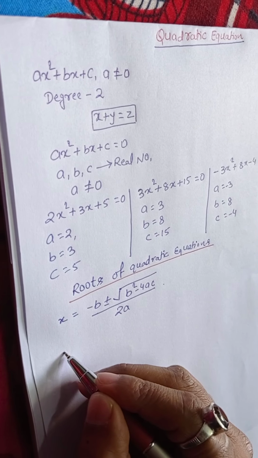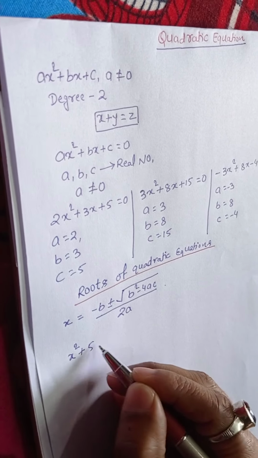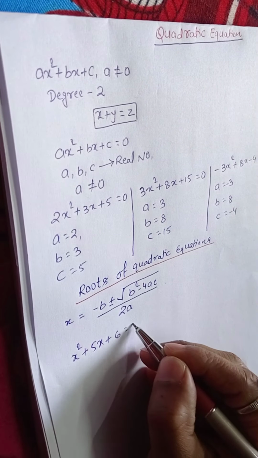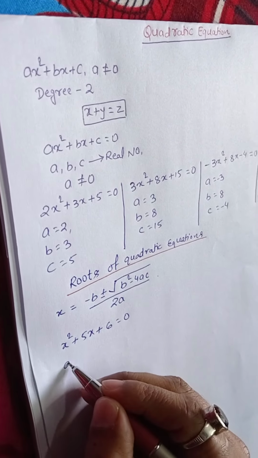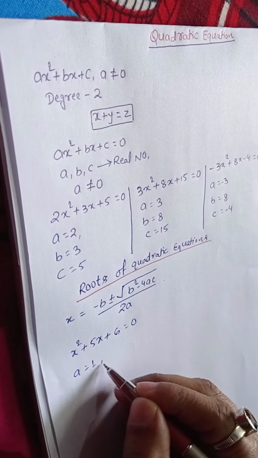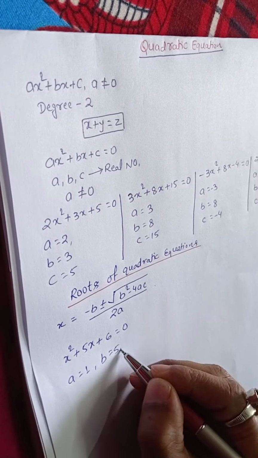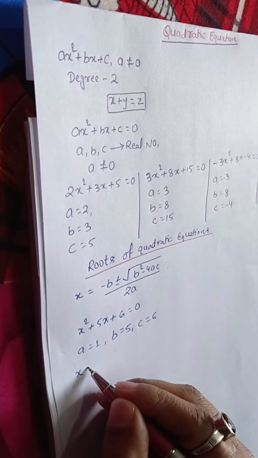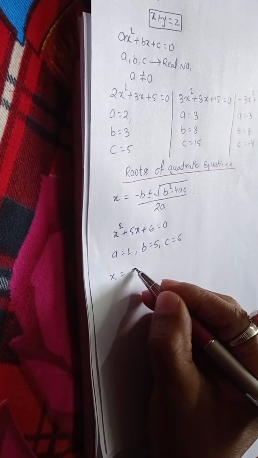For example, let's take x square plus 5x plus 6 equal to 0. Here a is 1, b is 5 and c is 6. Let's see what will be x equal to minus b.